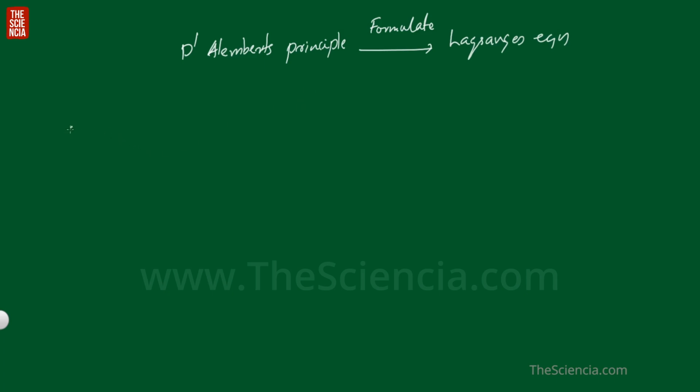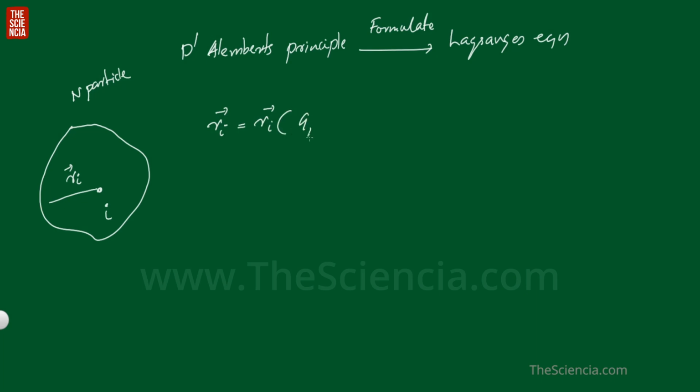So I am considering a system of particles, that is an n particle system, and this is my ith particle, and this is the position vector of my ith particle, Ri vector, from some arbitrary reference point. So I can write this Ri vector as a function of generalized coordinates q1, q2, q3, etc. qn and time. Here q are generalized coordinates.